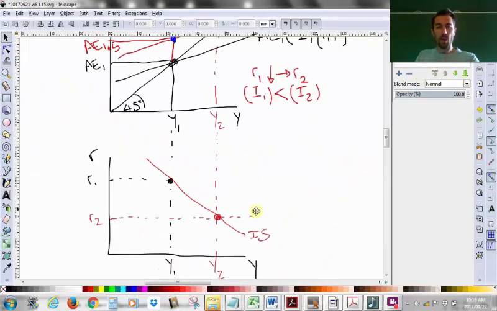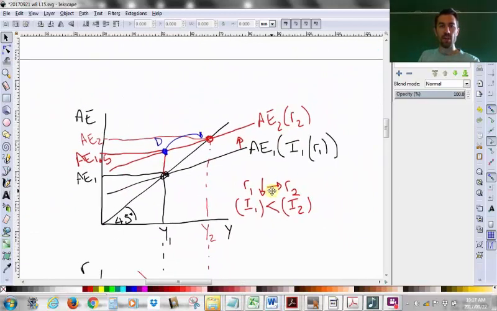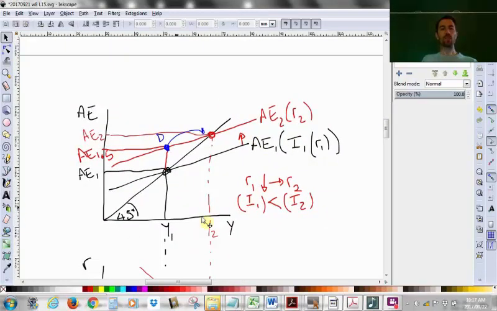Okay, so we were drawing a whole bunch of diagrams yesterday. We started off with the aggregate expenditure model. We showed that there is a relationship between equilibrium interest rate as well as equilibrium level of output in the aggregate expenditure model. And the relationship between the interest rates and the level of output is an inverse relationship. Right?